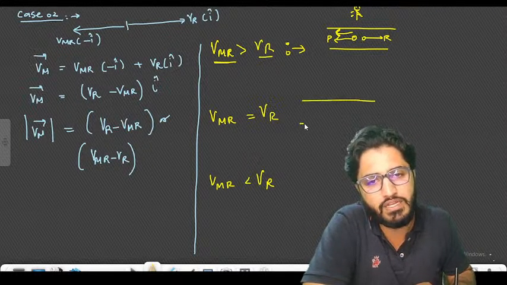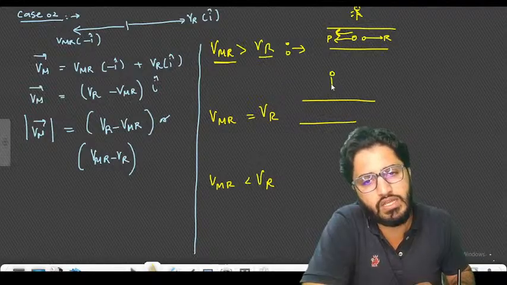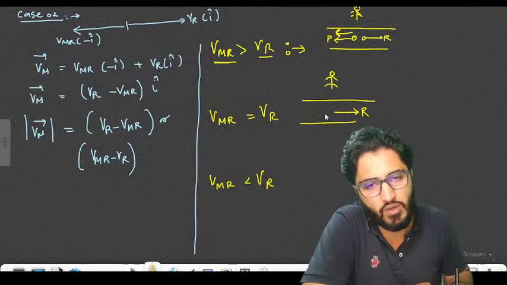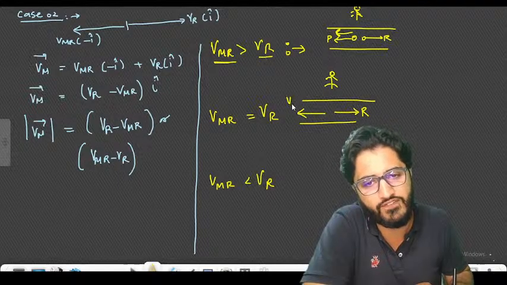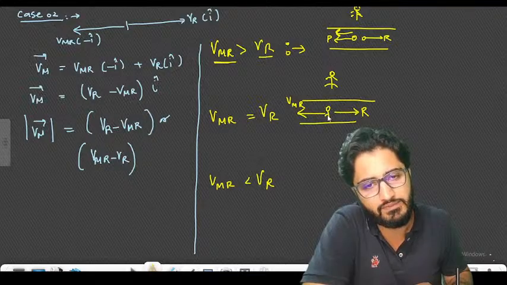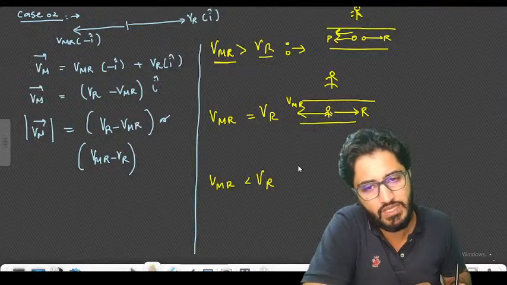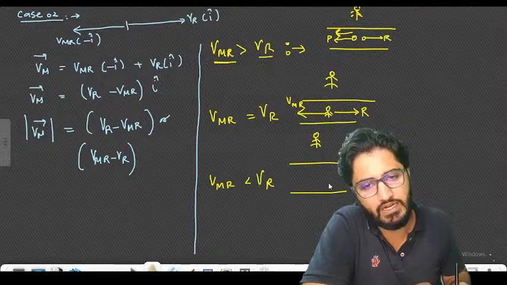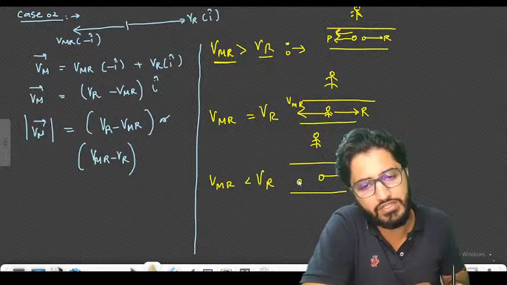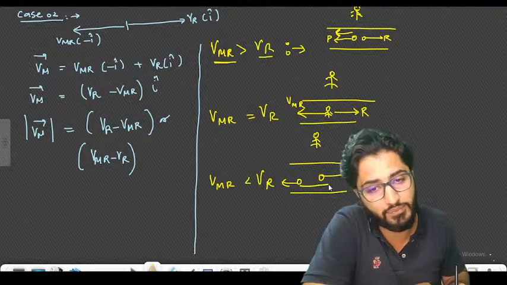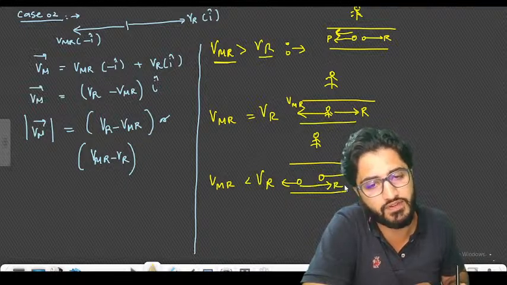But if vmr equals vr, even though the river is going downwards and the man tries to go upwards, you will see the man is neither going downwards nor upwards. Third, if vmr is less than vr, the man tries to go upwards, but from this perspective he gets drifted towards the direction of the river.